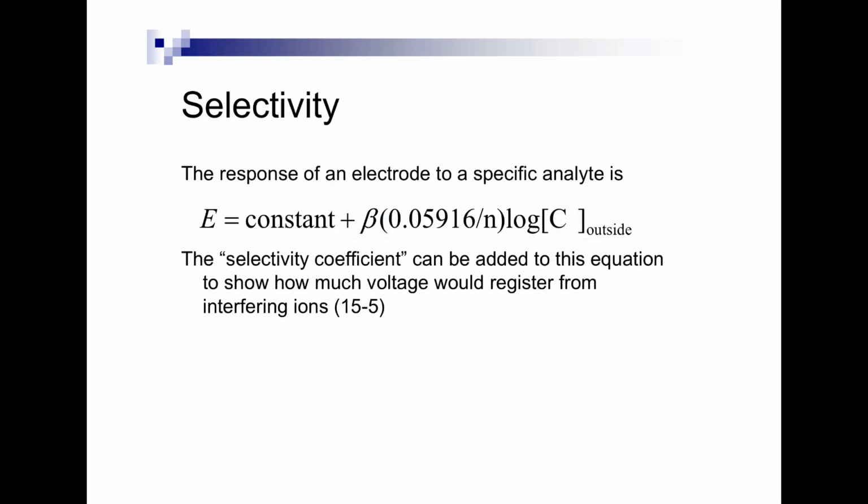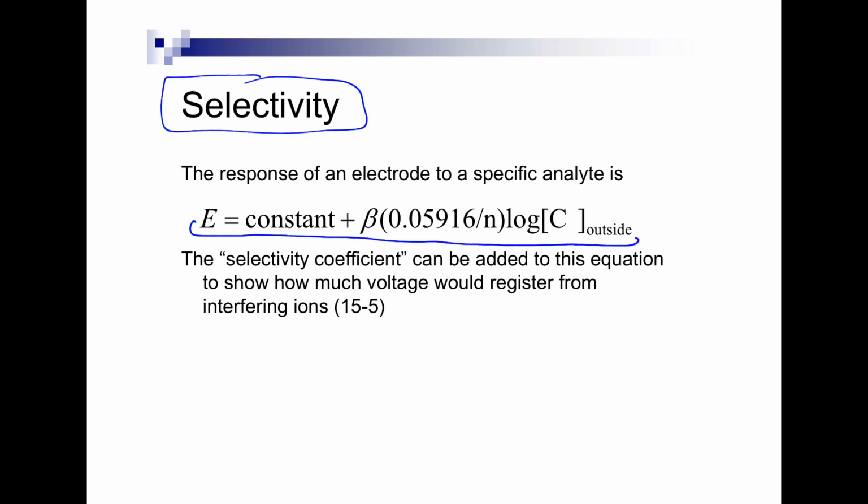Okay, the last thing that I want to talk about in this little mini lecture is the idea of selectivity. In selectivity, we are talking about the fact that in this equation that we saw before when we were talking about ion selective electrodes, the potential varies due to the concentration of some kind of analyte that we're trying to indicate, that we're trying to test for.